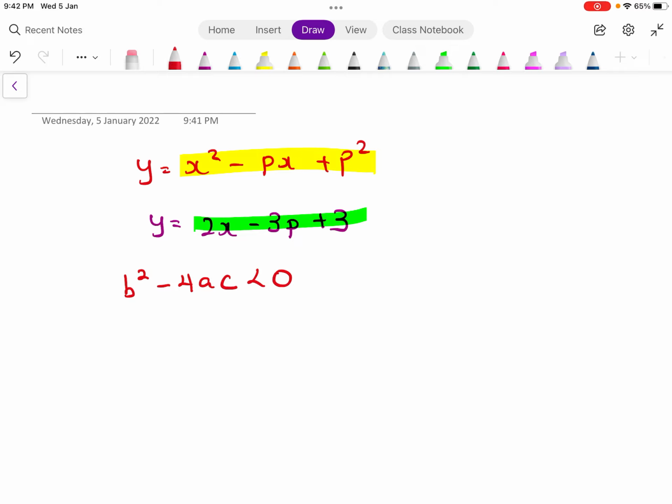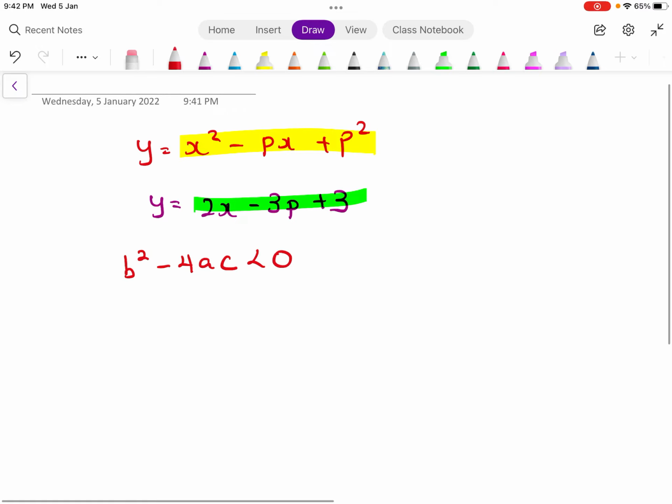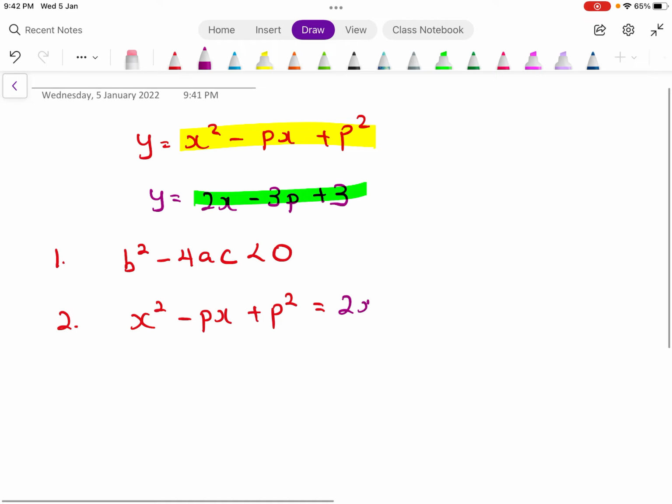I need to form an expression or equation that is fully in terms of x. I cannot have any y inside. So this is step number 2. So x squared minus px plus p squared I equate with 2x minus 3p plus 3.